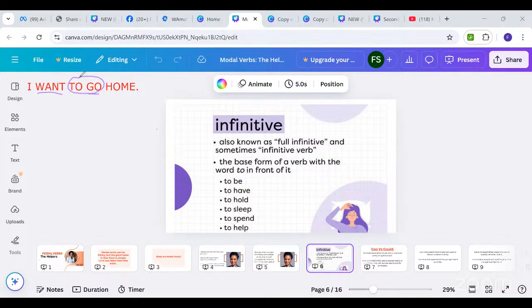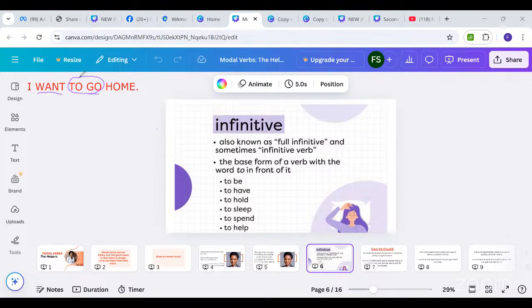Because number one, we have added to to the base form of a verb, and we are using this to discuss an action without doing the action. You have not started going home, so you have not started the action go, but you're just discussing the action. So to go is an example of an infinitive.